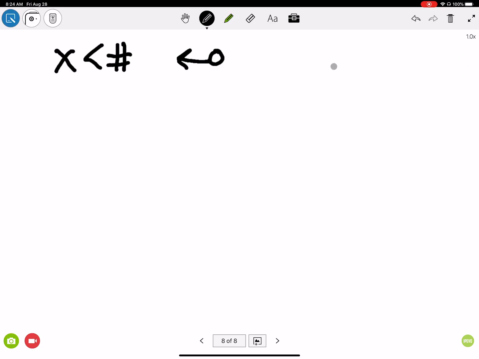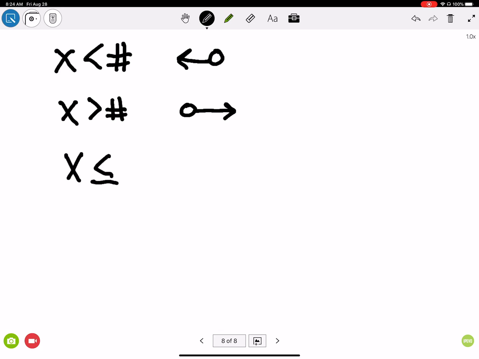And we keep it open to show that it doesn't include that number. X is greater than a number, same deal. Open circle, the non-inclusive circle. And this time we go to the right to show that everything but that number and everything to the right of it is a solution.